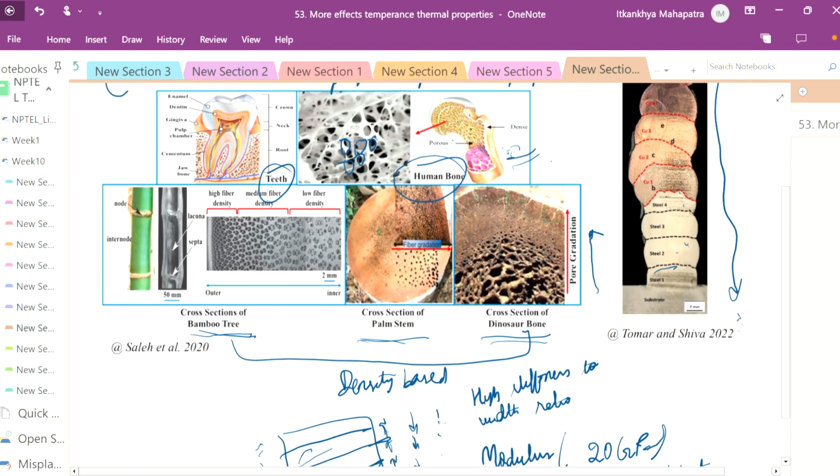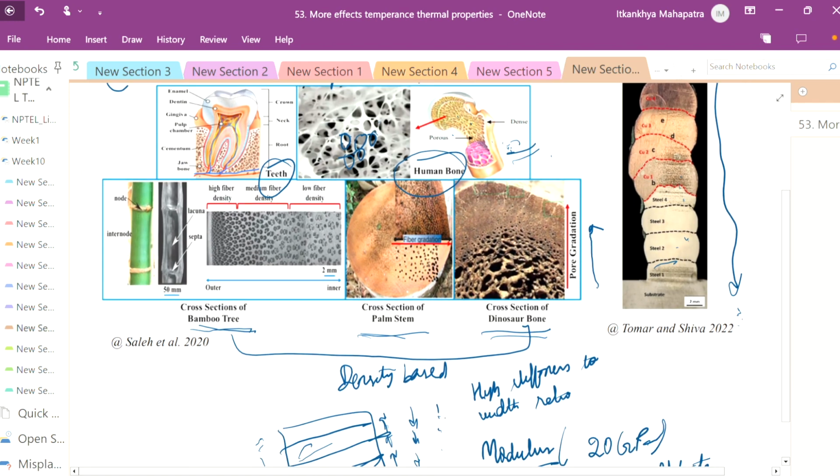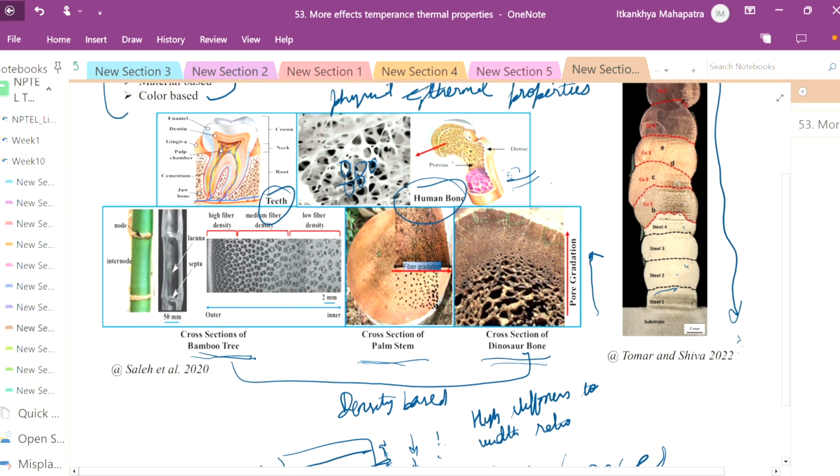Now this has been incorporated in our scientific work also, where we have used various functionally graded materials by biomimicking those properties in real engineering applications.